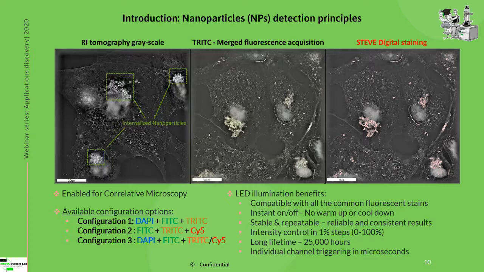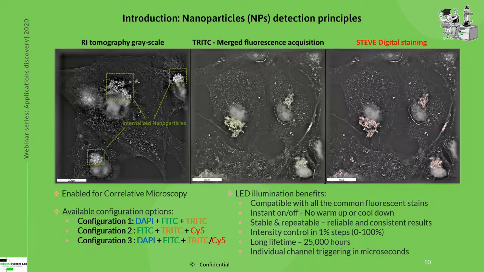So again, Nanolive gives you the possibility to do this application without fluorescence, with fluorescence, or even with a third combination using pseudo colors in combination with your fluorescence. So you have a lot of different possibilities for how to study the nanoparticles.